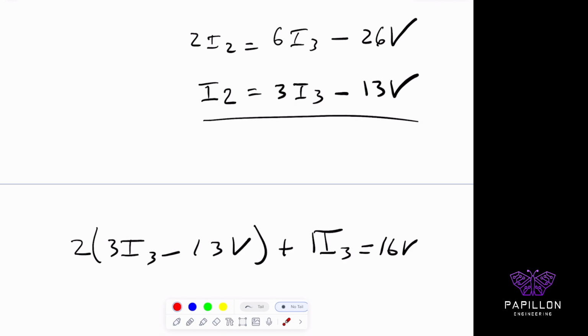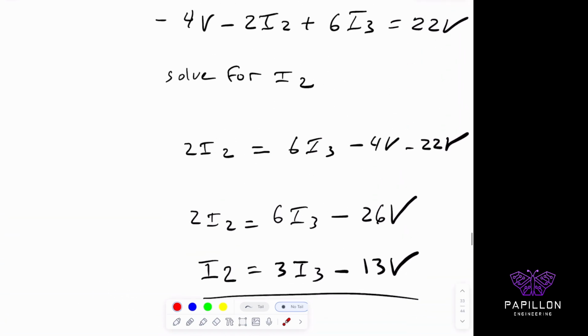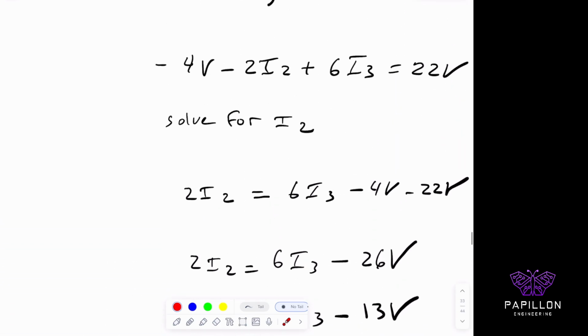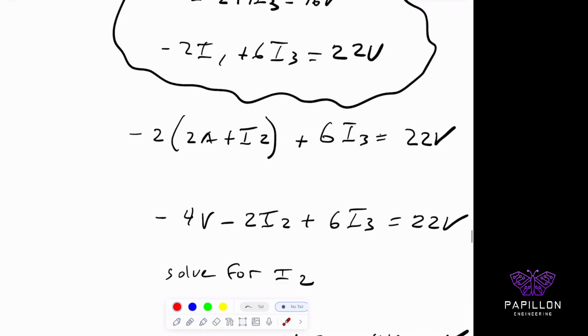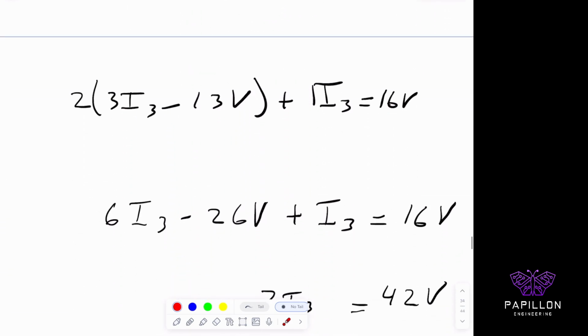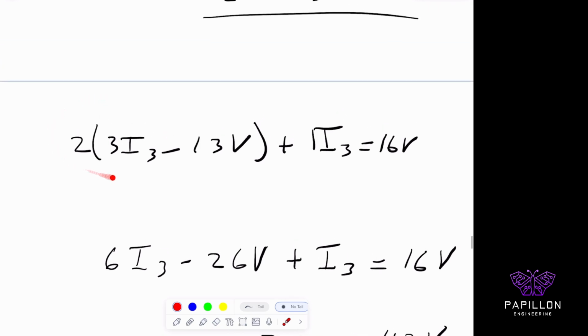So now notice I had those two equations. I simplified one of the equations with my constraint, and I put in my equation for I2 back into the top equation over here, right? And I am now left with this form, right? So I'm just going to distribute this out.